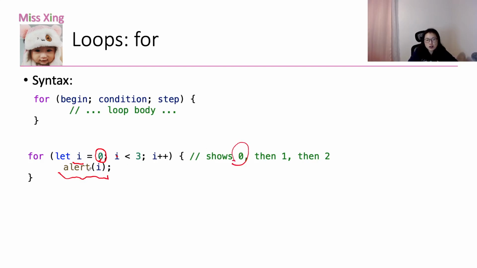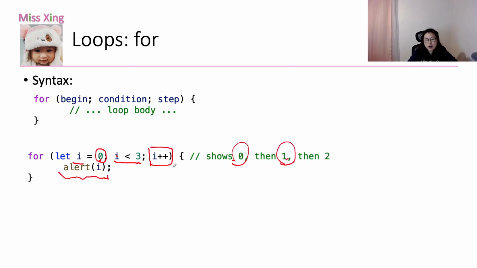After it's shown, it will do the step, which is i plus plus. After this step, we will have i equal to 1. With i equal to 1, it will do the condition checking. 1 is less than 3, and it will execute the body. Then we will see 1.